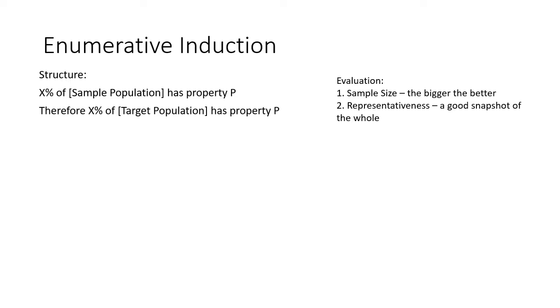When it comes to evaluating these things, there are essentially two things that we're going to talk about, and it has to do with the samples. We look at the sample population, and we say, okay, first, is the sample size big enough? And then secondly, is the sample representative?